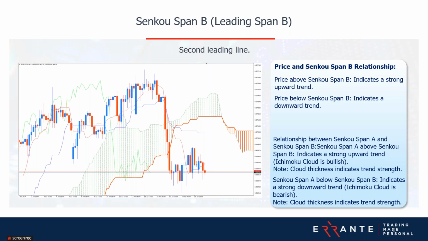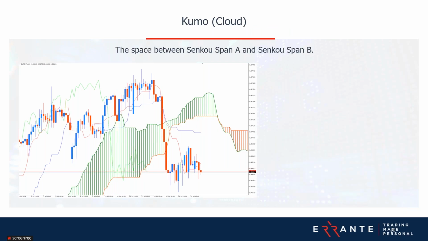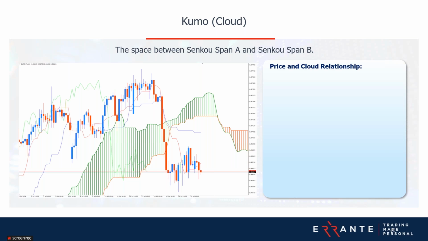Professional traders often use this line to determine market reversals and adjust their trading strategies accordingly. And now, when we combine the two, Senkou Span A and Senkou Span B, we have the Kumo.